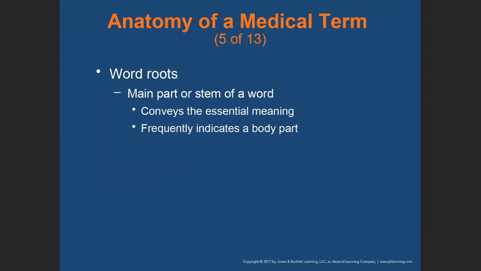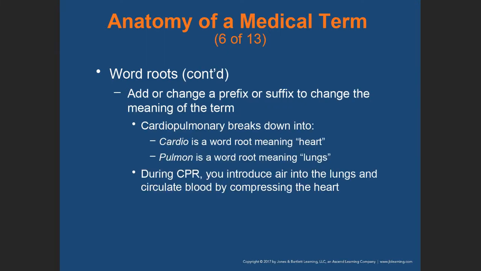It conveys the essential meaning and frequently indicates a body part. If we add a prefix, which is at the beginning, or a suffix, which is at the end, it changes the meaning of the term.